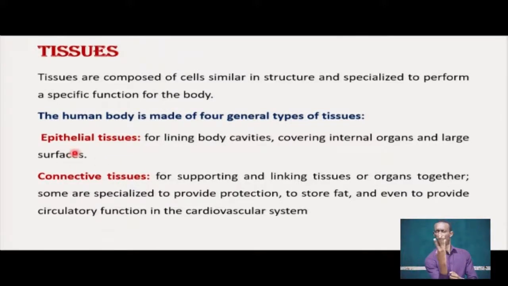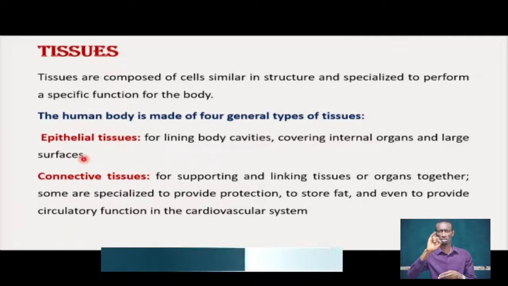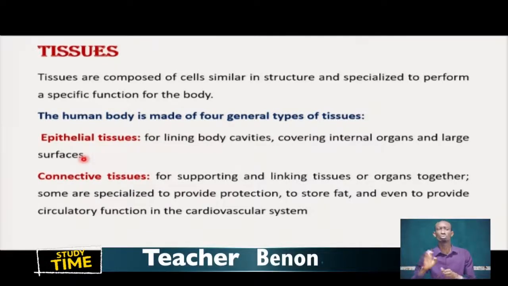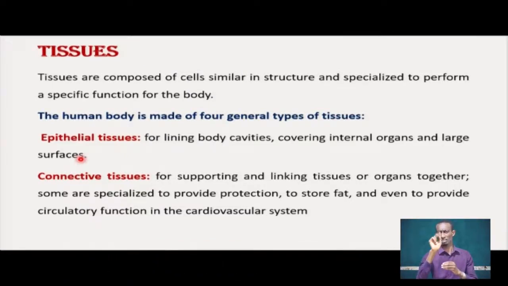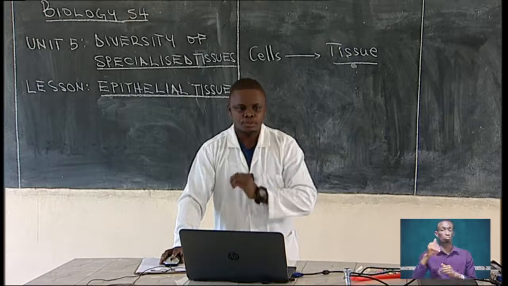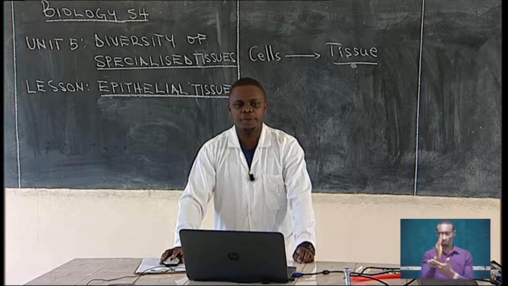We have what we call epithelial tissues for lining body cavities, covering internal organs and large surfaces. That means epithelial tissues are found lining different body cavities, covering internal organs and other large surfaces of the body. That is one type of tissues we find in our body.